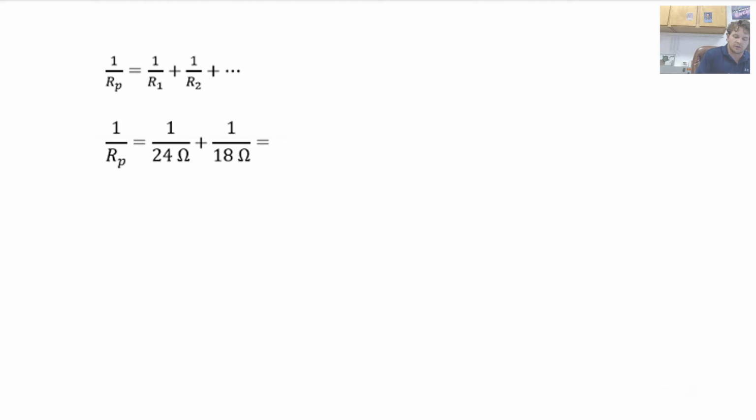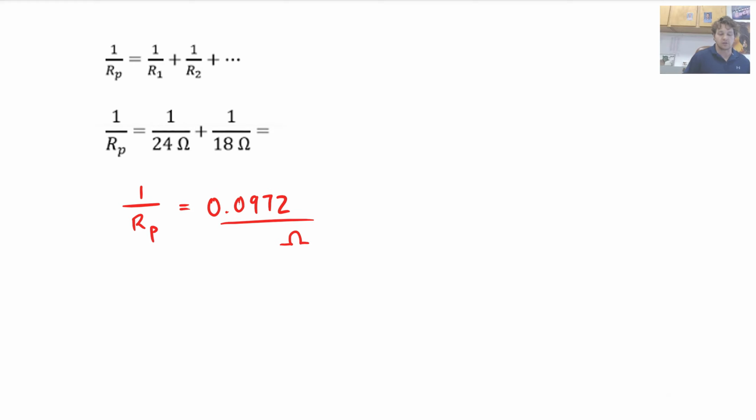And what we would end up with is 1 over rp is equal to 0.0972, and then our units would be 1 over ohms, that little symbol is still on the bottom. Now right now our answer is 1 over rp. We want to just get rp equals. So all you do is take the inverse of that, meaning we just do 1 divided by all that stuff.